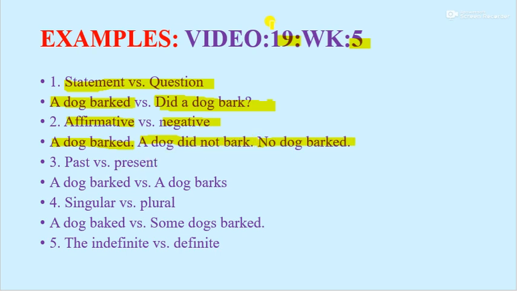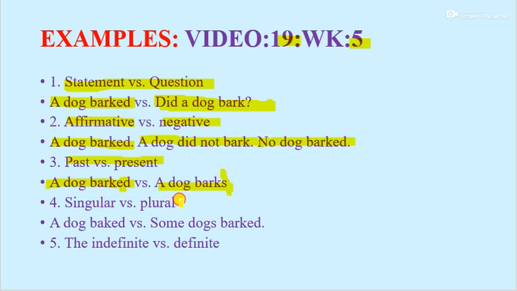And if we talk about present and past, "a dog barked" is past, and "a dog barks" is the present. So here we can differentiate between lexical meaning and grammatical meaning on the basis of the functions of the grammar.